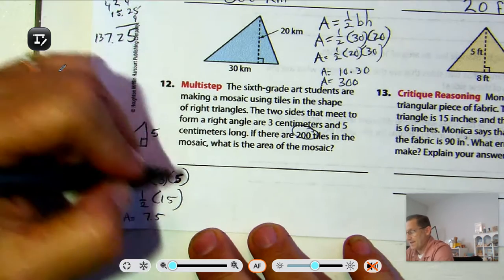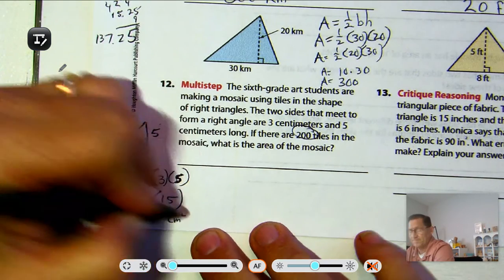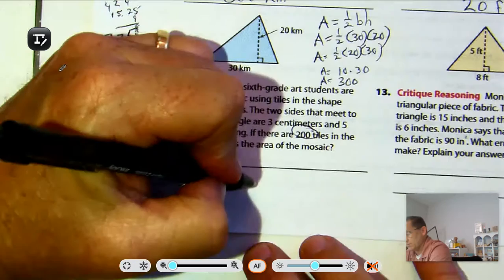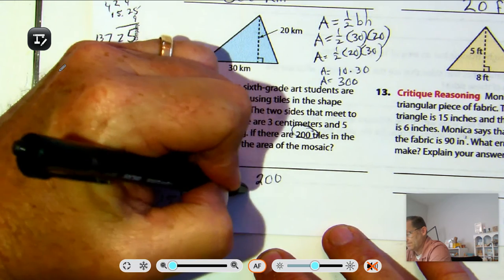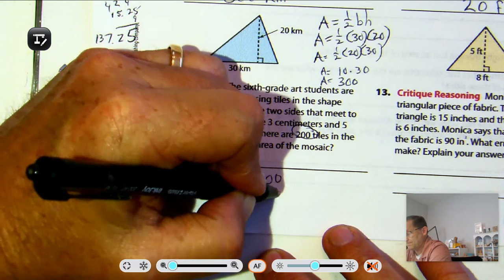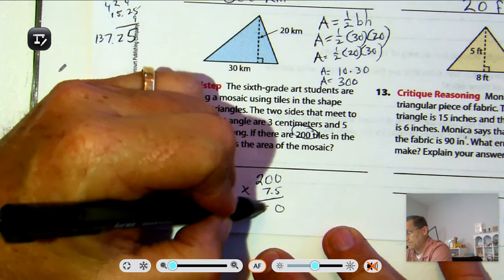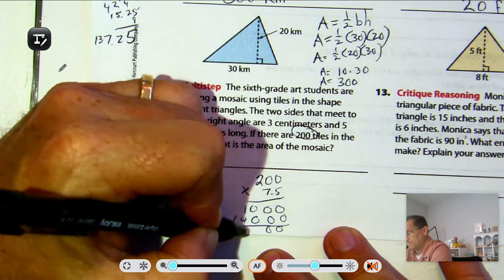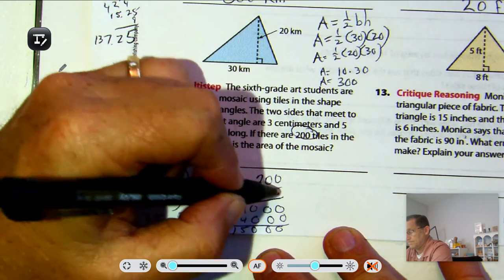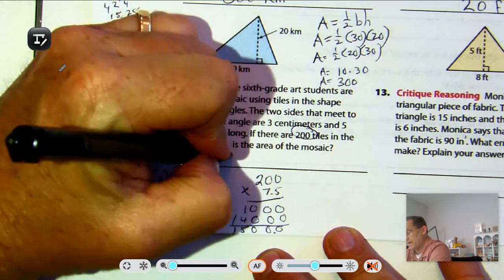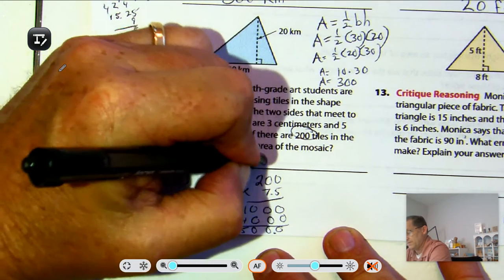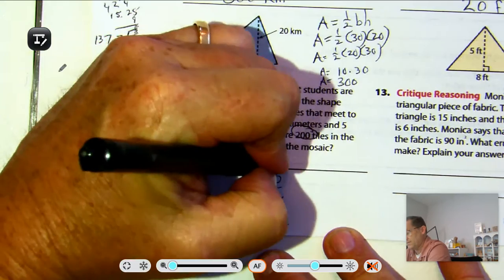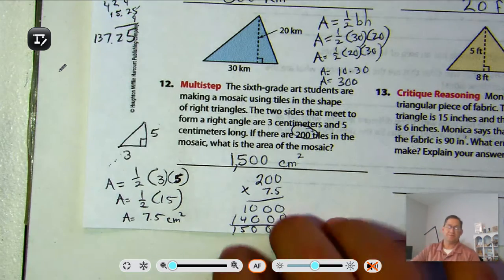All right, so 7.5 centimeters squared each tile. And we have to multiply that by 200. So we have an area of 1,500 square centimeters.